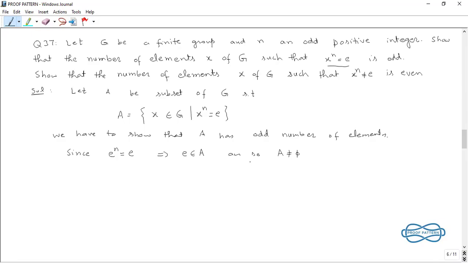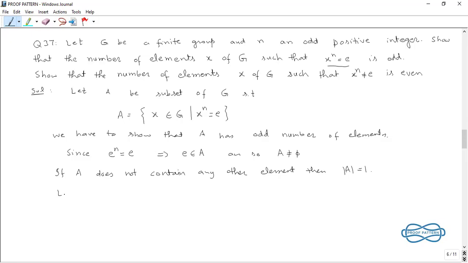If A does not contain any other non-identity element, then the cardinality of A is 1 and we are done.